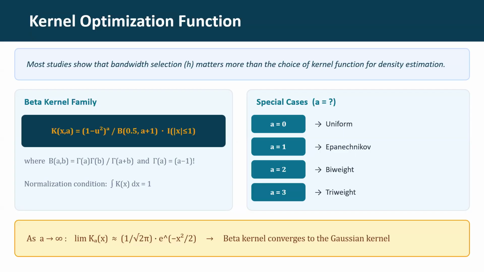In the next step, we apply kernel density estimation. This method estimates the probability density of pixel intensities using a kernel function. The bandwidth parameter H plays a central role because it controls the smoothness of the density estimate.